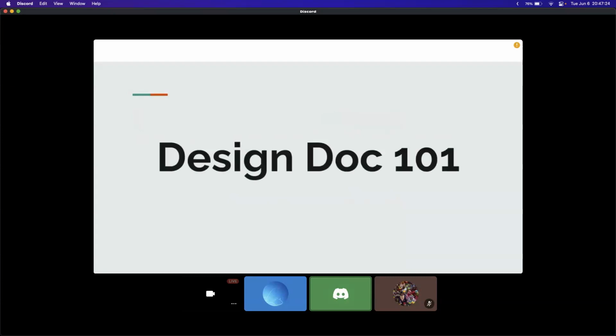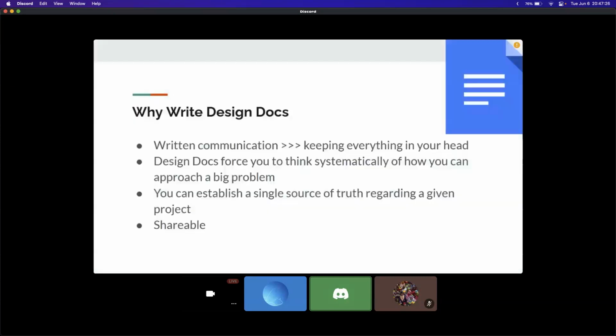So the first topic I wanted to cover is Design Doc 101. Before we dive into what a design doc is, we need to understand why we write design docs, right? In short, a design doc in the software engineering industry, or in the tech industry as a whole, from my understanding, is essentially a document to keep track of the project you're doing.